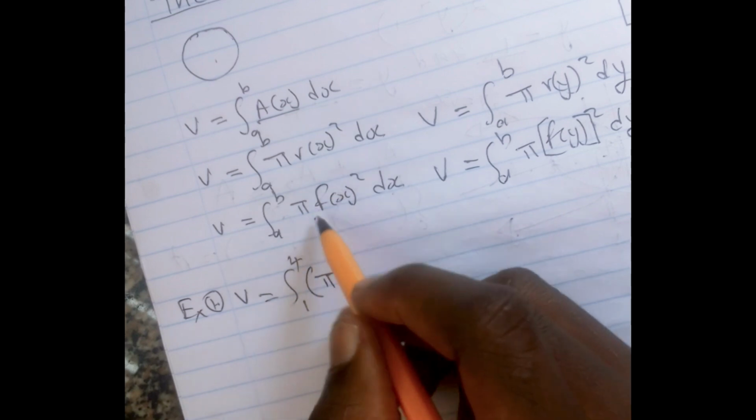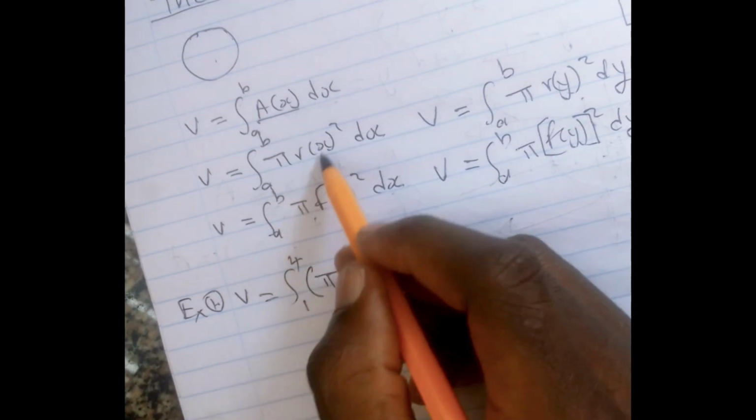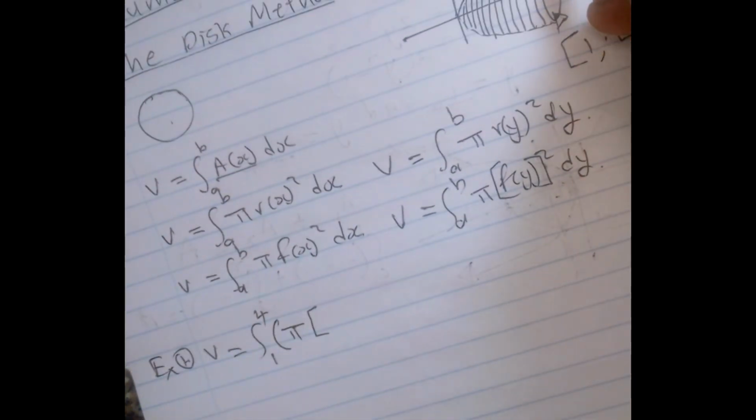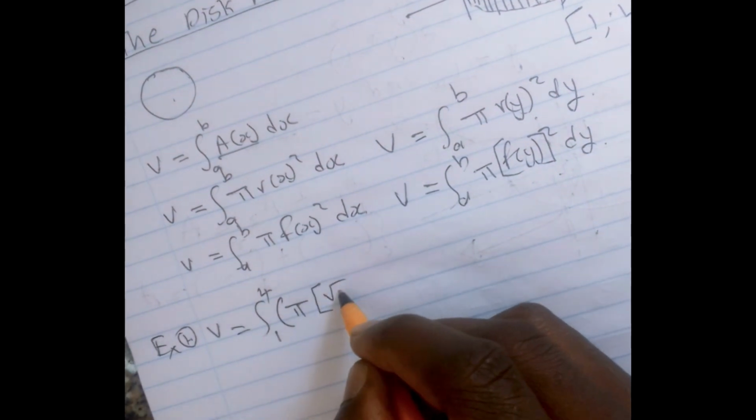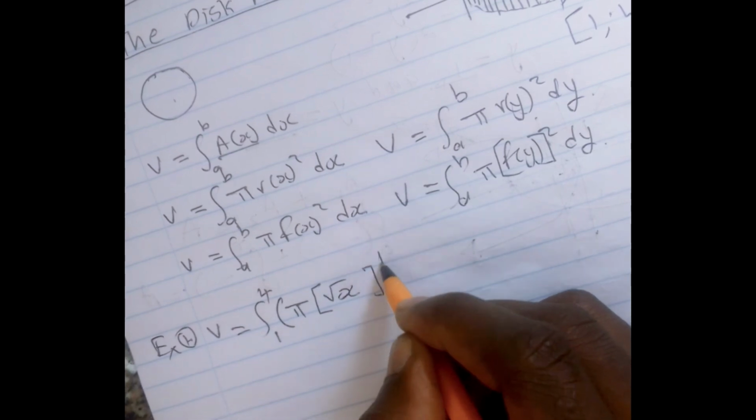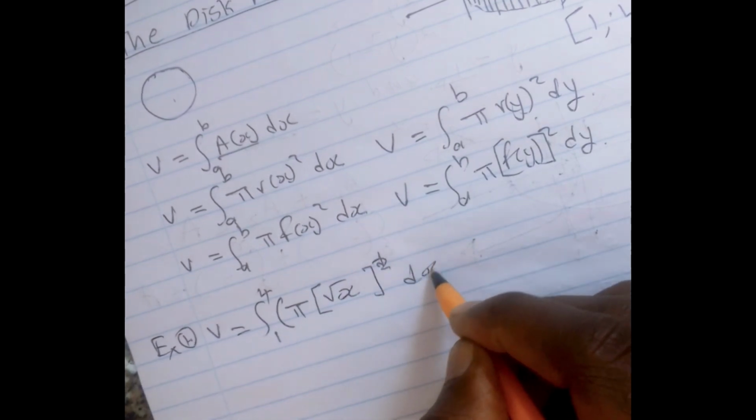But I don't want to work with the curve, I want to work with the radius. The radius right over here is our curve, so we're just going to put the curve equation, the square root of x, squared, dx.